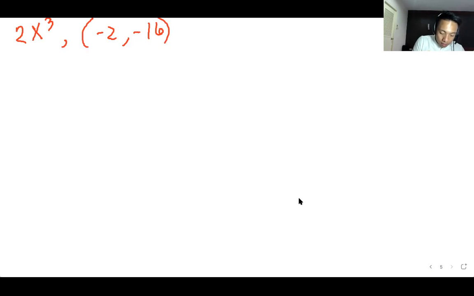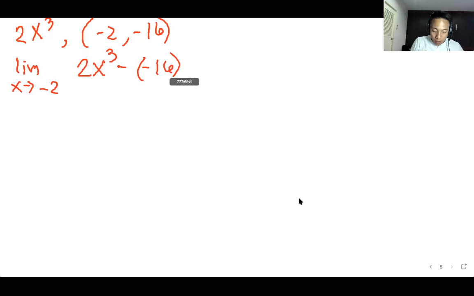We have the limit x approaching a, which is -2. And we have the f of x minus -16. Okay. All over x minus -2.